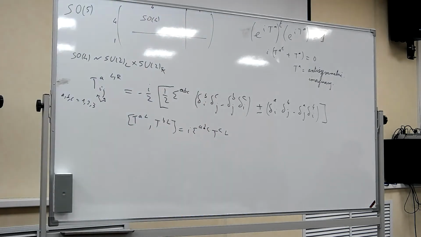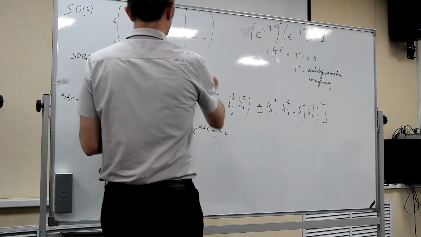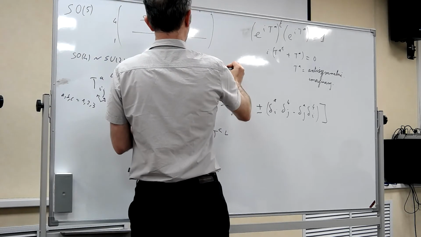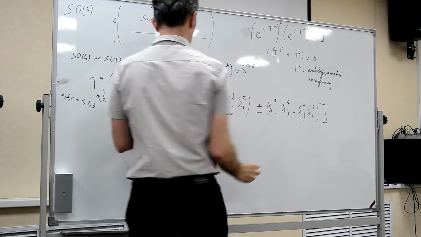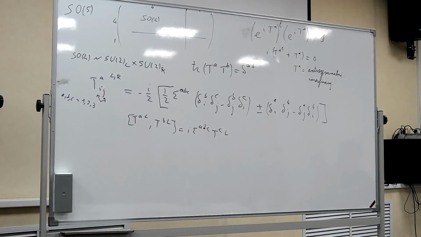Okay, so now with that, we can build explicitly the Goldstone bosons that will parameterize this coset space. We can write explicitly what the Higgs boson is.